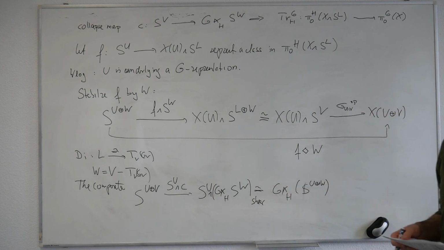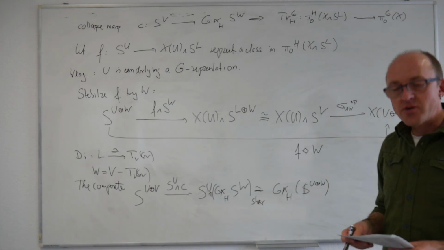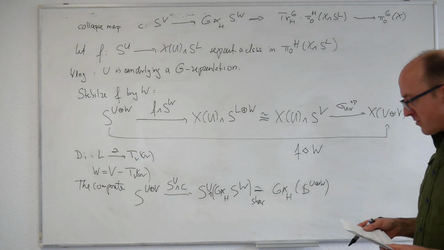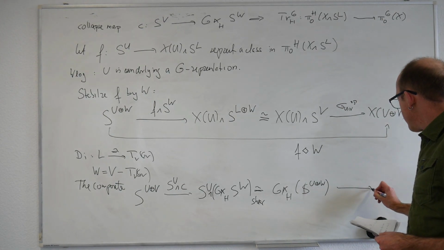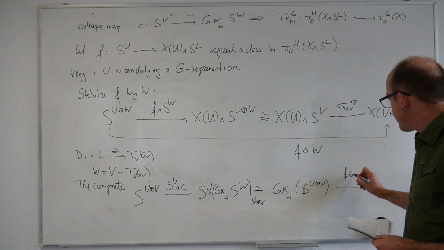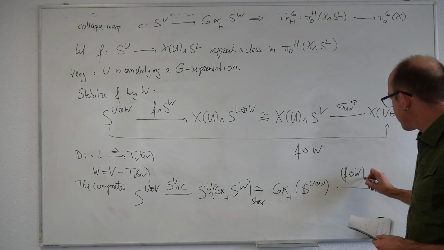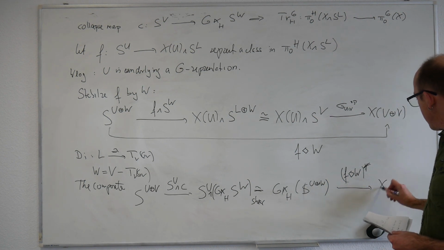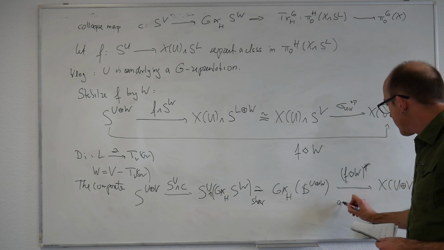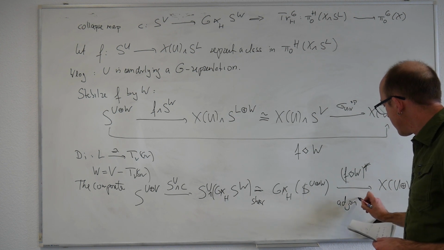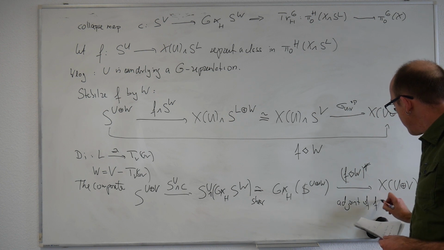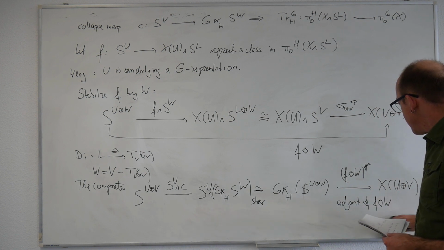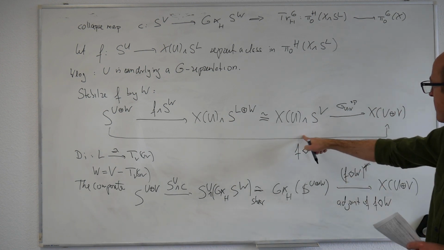So to have this shearing isomorphism, I also use the G action on U that I had assumed without loss of generality. Now I'm going to use the adjoint of the H equivariant map that was the stabilization of G. And this gets me to X of U direct sum V. So this is the adjoint of F diamond W. So this was only H equivariant.